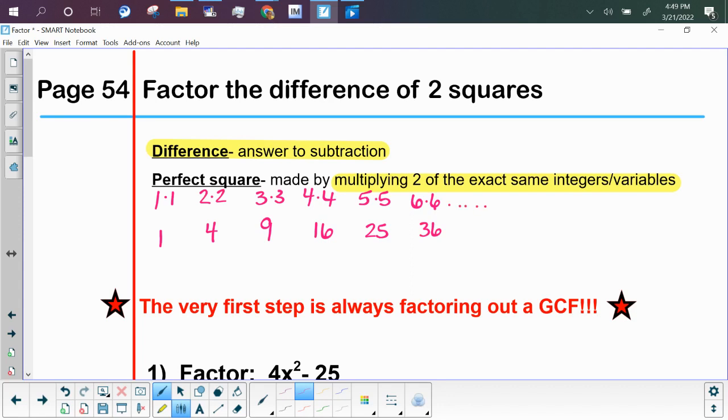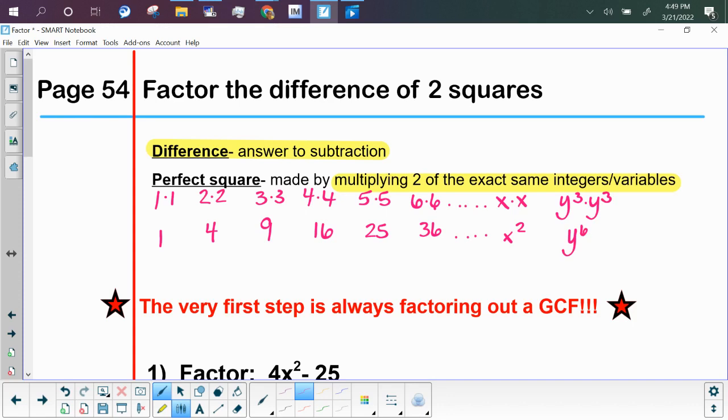Okay? They can also be variables. So we could do like x times x, and the perfect square would be x squared. Or we could do variables with an exponent. So we could do like y to the third power times y to the third power. That would give us y to the sixth power.